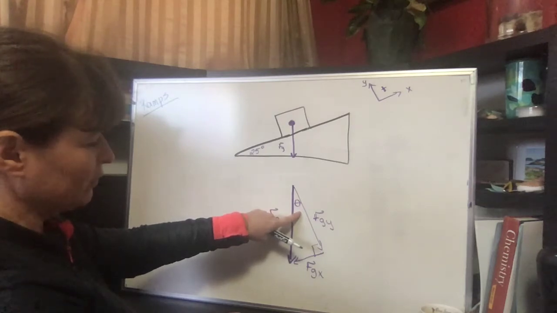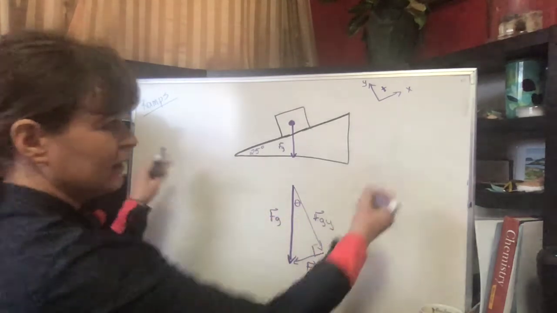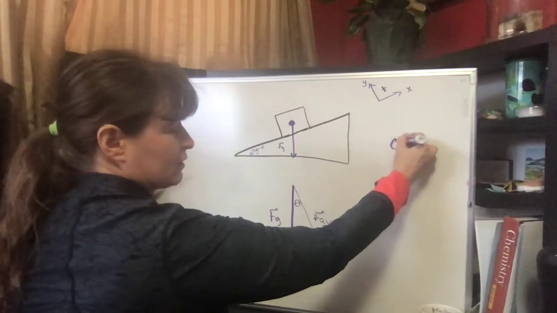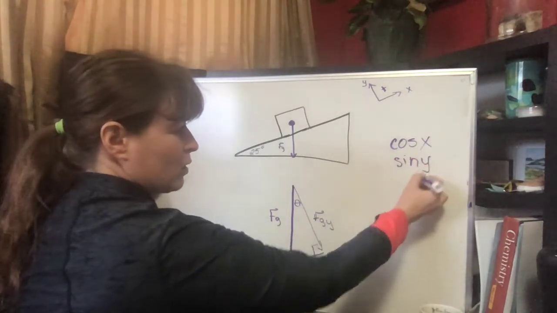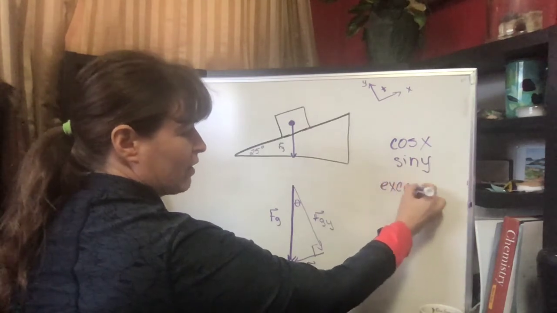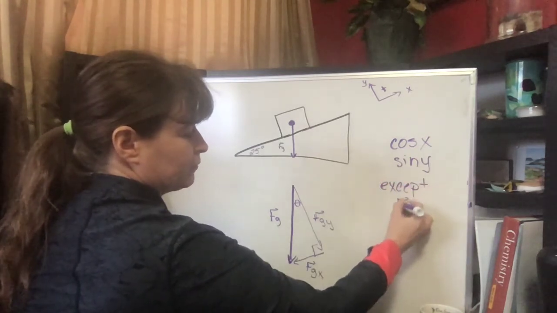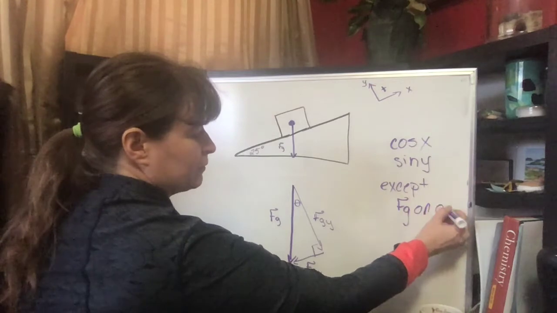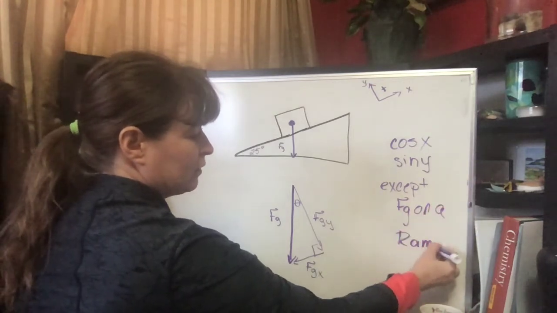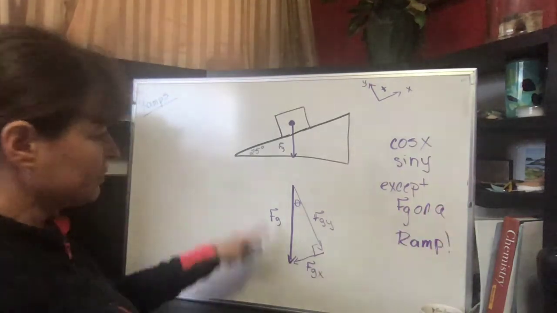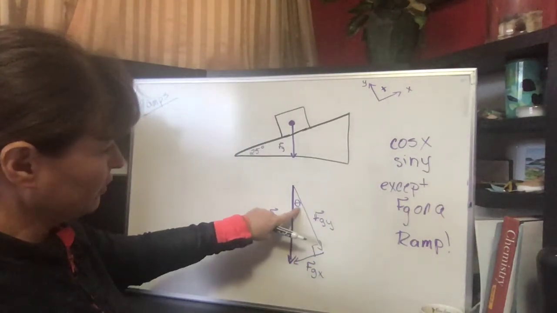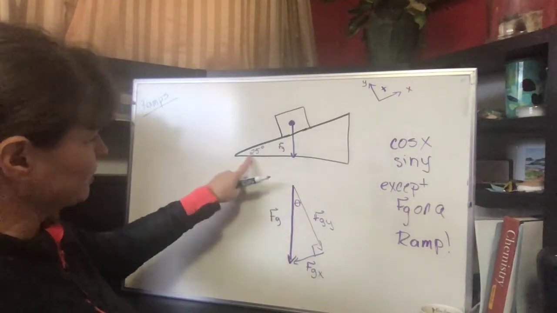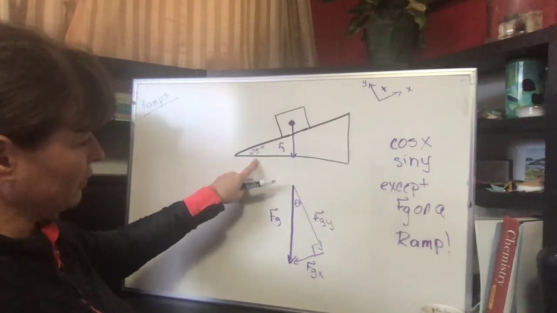What that means, however, is that unlike everything else, cos is always x and sine is always y, except gravity on a ramp. Okay? And this triangle describes y. So we have, for example, here, if this is our angle, this would be the same as our 25 degrees slope here.